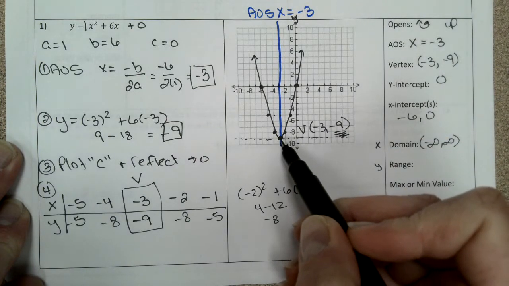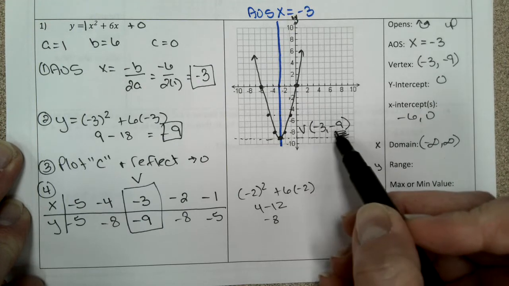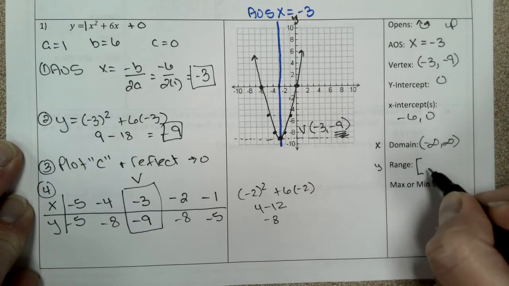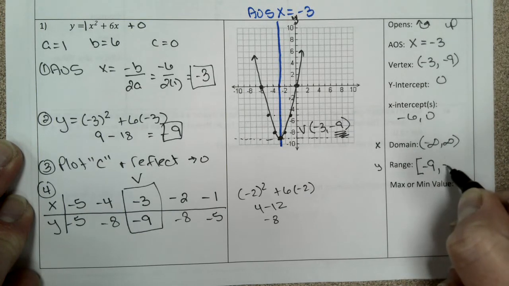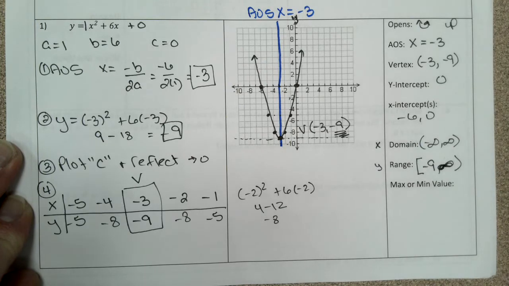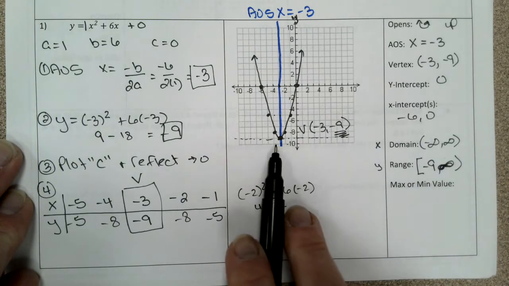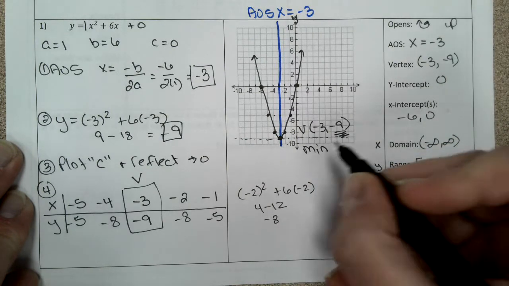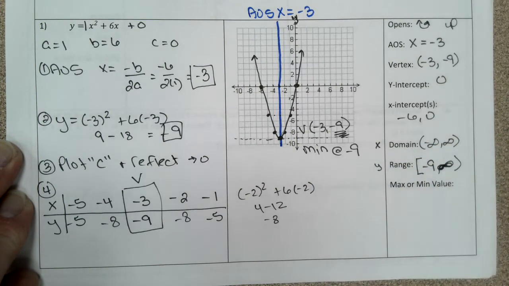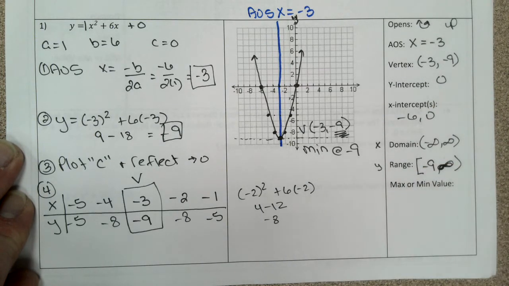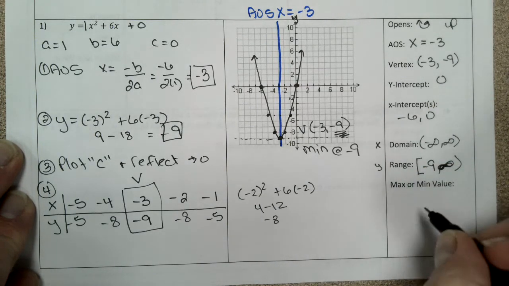So I don't have any point that is ever lower than -9, and then it's going up to infinity from there. So I would write this as -9 to infinity. This is your lowest point, so that is a min at -9. Your min or max is always also the y of your vertex.